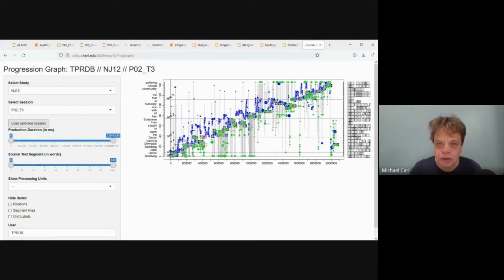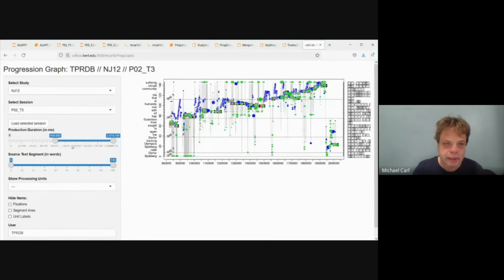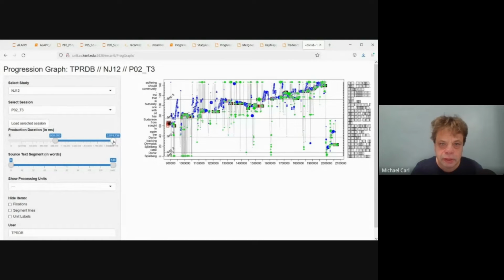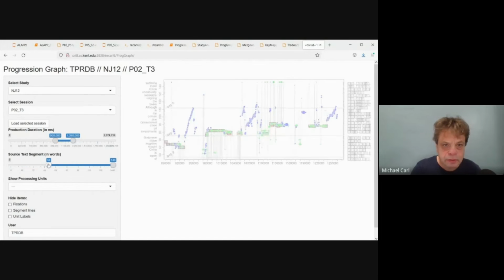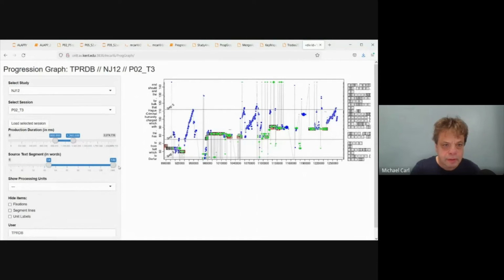If I zoom into this area here, which is around 900,000 milliseconds duration, and look into this segment, I can also make the source words more precise.